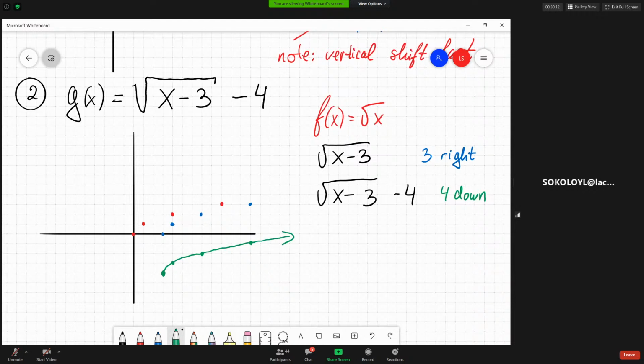Oh well. So because the domain of the original function is not all real numbers, and the range of the original function is not all real numbers, you do have to be careful with the domain and the range of the transformed function.